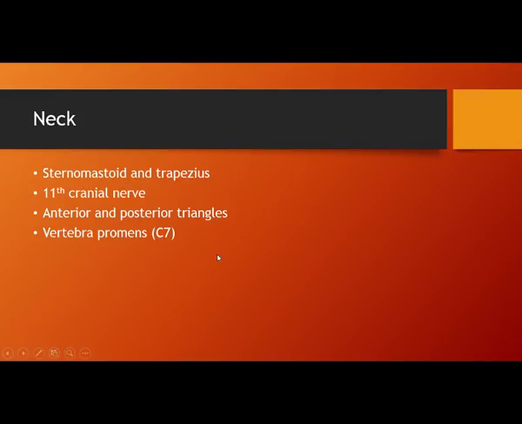Another important anatomical landmark is C7. If you bend forward, in most people you'll see a lump in the back of their neck, which is C7, and that's an important landmark both for finding where the other vertebrae are, as well as, for example, when we're listening to lung sounds.